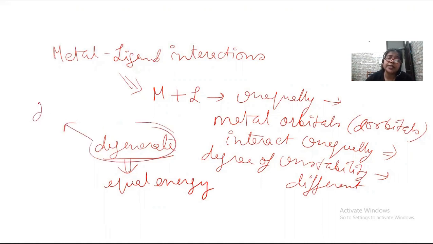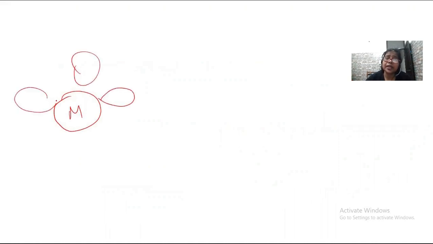Okay, it is getting disturbed due to incoming ligands. Now, initially the metals and ligands are arranged in a spherical manner, okay, like this. These are my ligands. And this is my metal cation, okay.